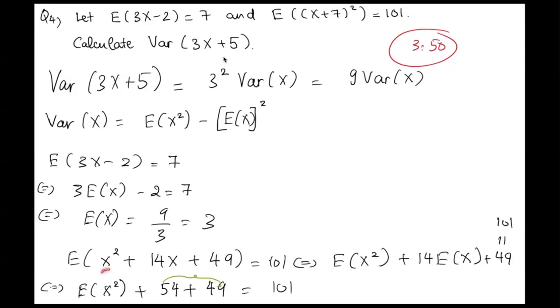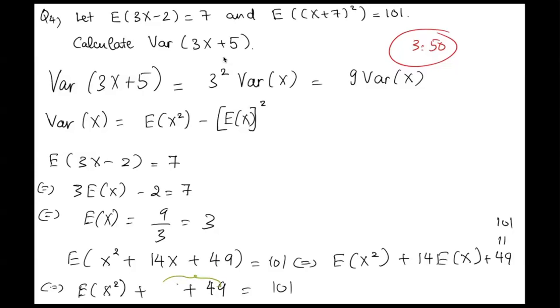And then this one we got x squared plus 14x plus 49. 14 times 3. Oh, it's 42. My bad.